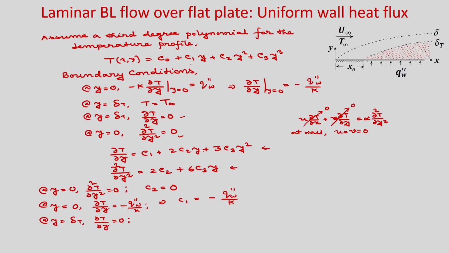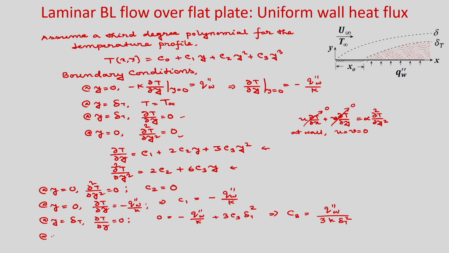So, if it is 0, from this equation you will get 0 equal to C1, which is minus q double prime w by k, C2 is 0, so you will get plus 3 C3 delta T square. That means from here you will get C3 as q double prime w by 3 k delta T square.